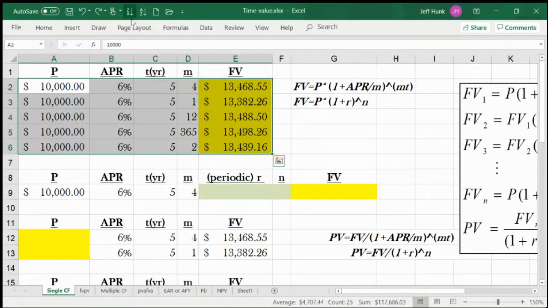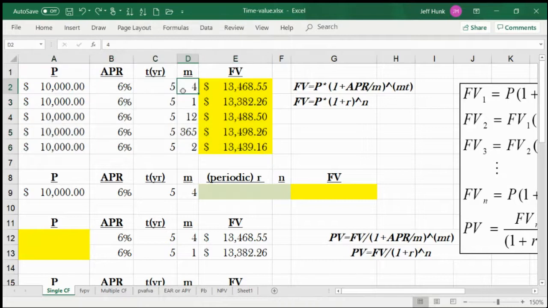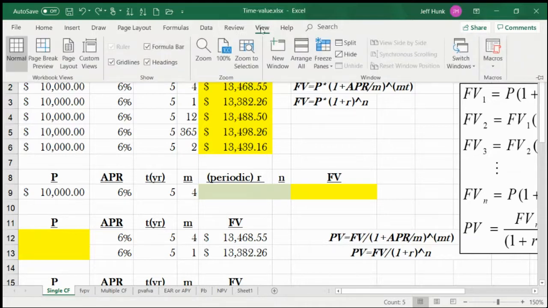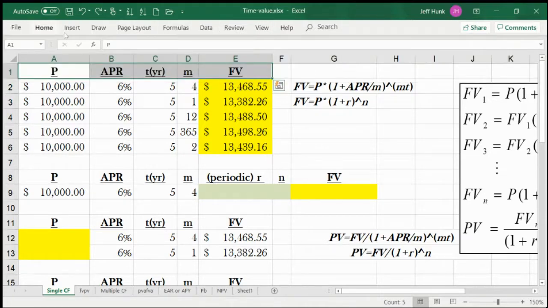Only sort this. Okay, let me do this. Where was that?